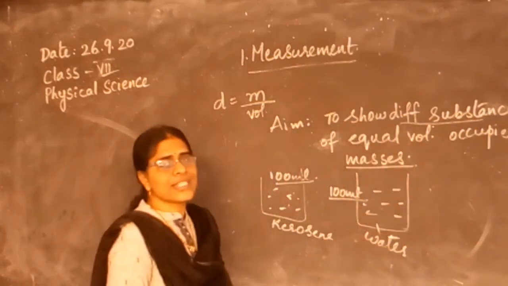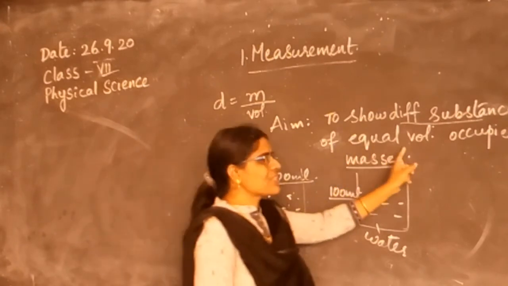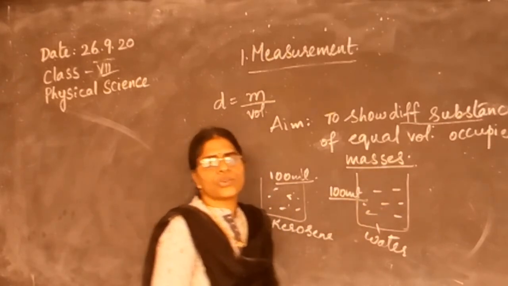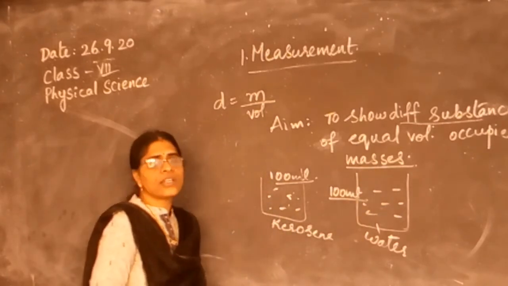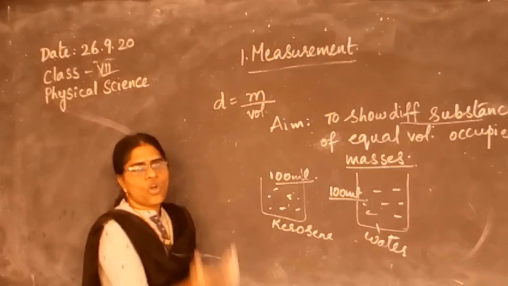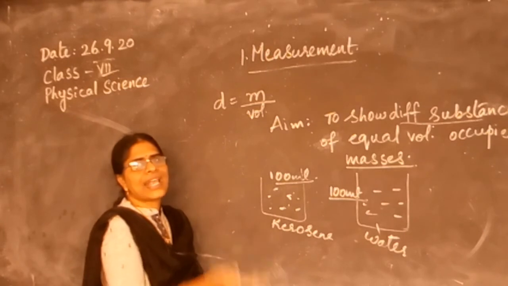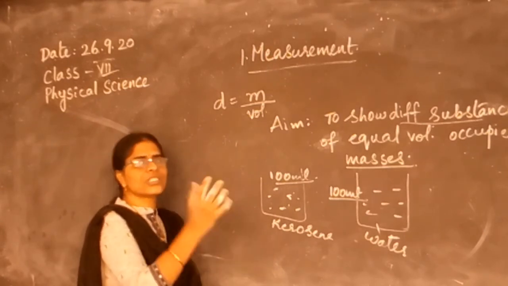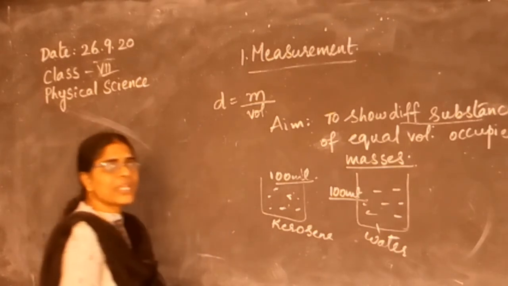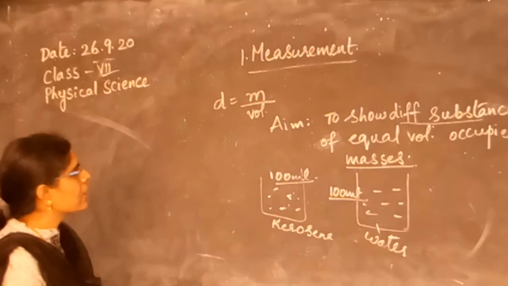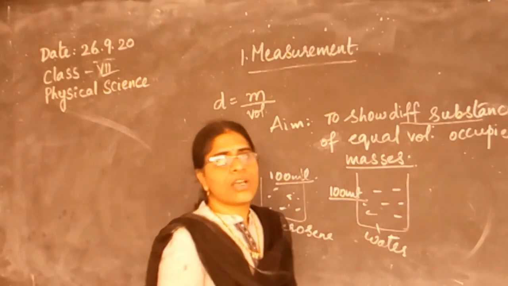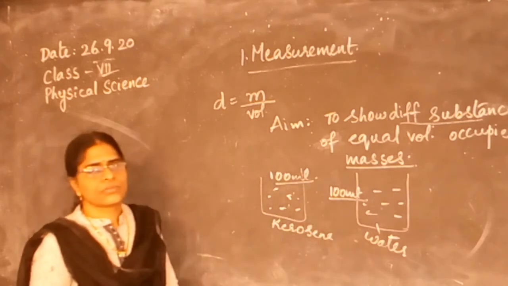Did we use equal volumes? And at last we have concluded they have different masses. That's why the glass of water is coming down and the glass of kerosene, even though both are of the same volume, is coming upwards. Okay, these are the two activities regarding density, children.